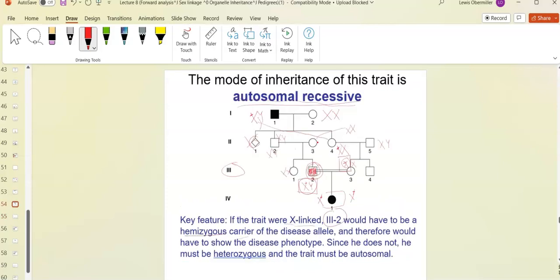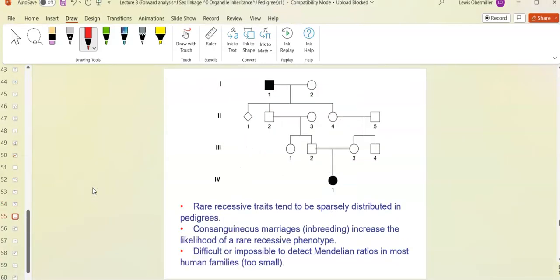Okay, let's see. Let me move this. All right. So rare recessive traits are sparsely distributed. There's not a lot of individuals with the condition filled in here. We talked about how inbreeding increases the likelihood of the rare phenotype showing up, which is the case here.